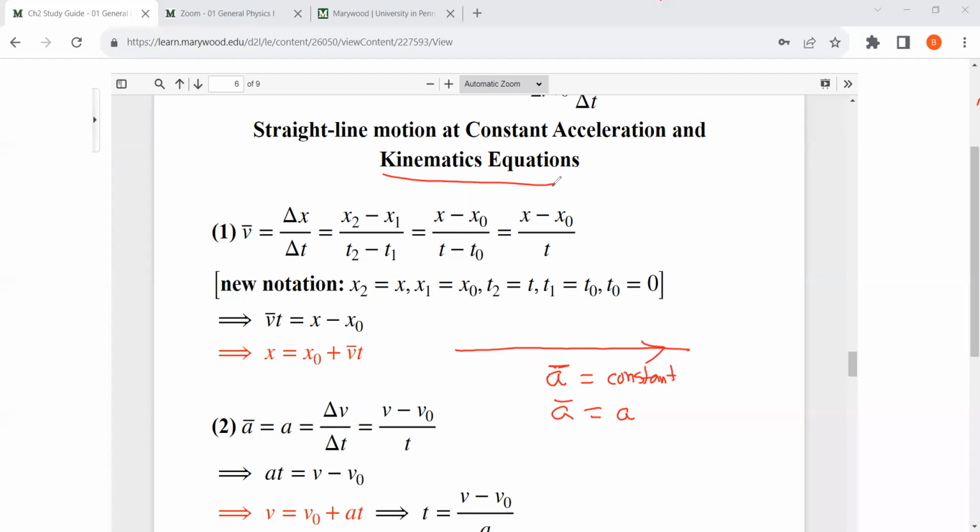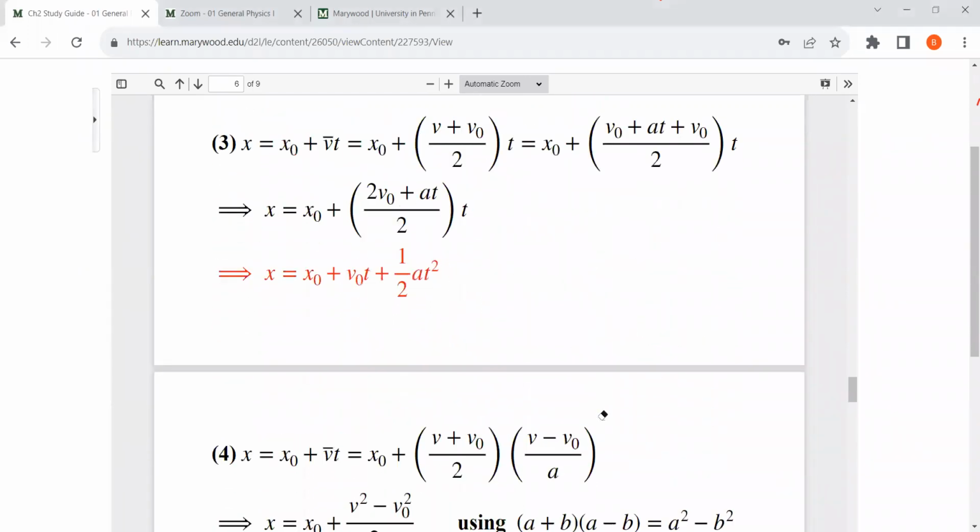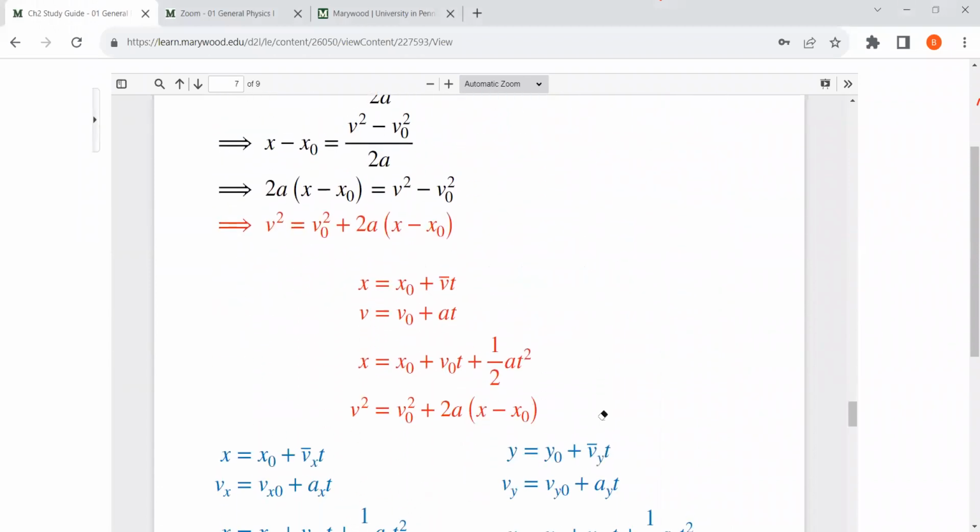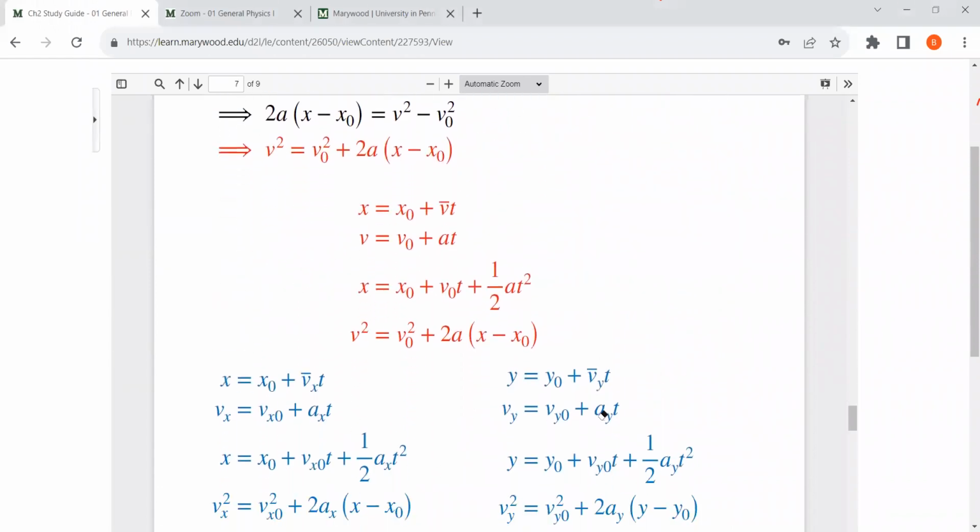If you want to know, you can go through the study guide. Here I'm not going to explain how I derived it. I'm going to explain just the final form. So here we have this final form. These are the four equations.